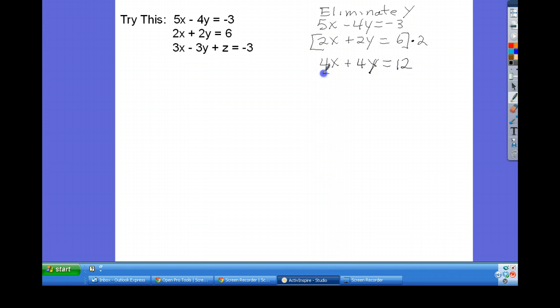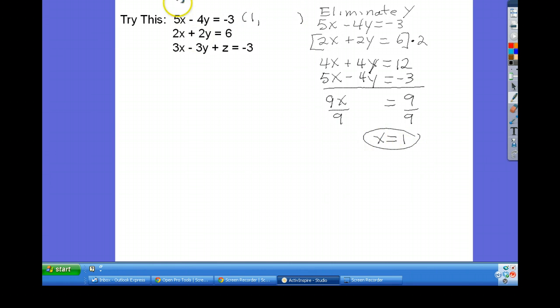Copying down the top equation and writing it underneath, 5x minus 4y equals negative 3. Okay, and then we add. We get 9x, the y's add out, equal 9. We divide by 9, and we get x is equal to 1. So 1 comma.